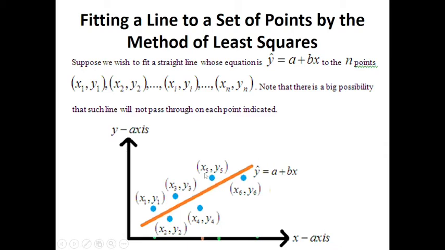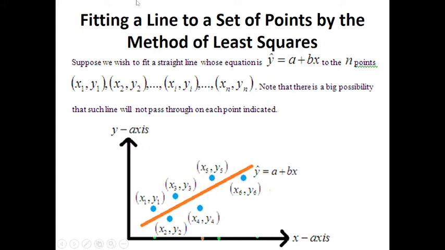Now, considering all of the points in the plane, the x and y axes, we are to fit a line. And to do that, we will apply the method of least squares.